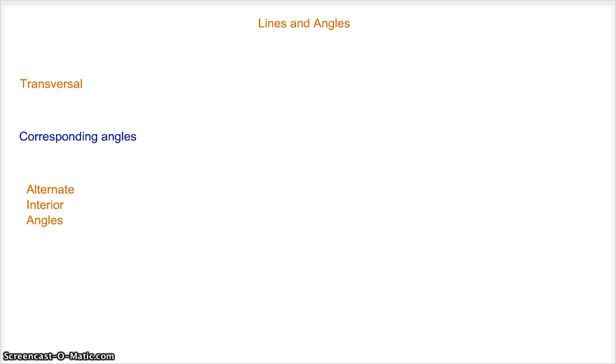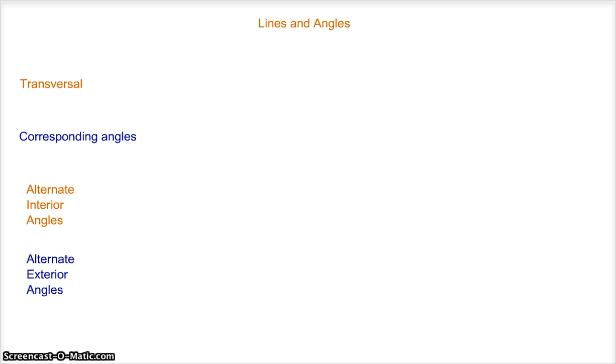Alternate interior angles are non-adjacent angles that lie on opposite sides of the transversal, and both are in the interior. Okay, and I want you to draw a picture. Example underneath. Okay, so they are non-adjacent, so they don't touch. And they lie on opposite sides of the transversal, and they are in the interior. So that would be an example of alternate interior angles.